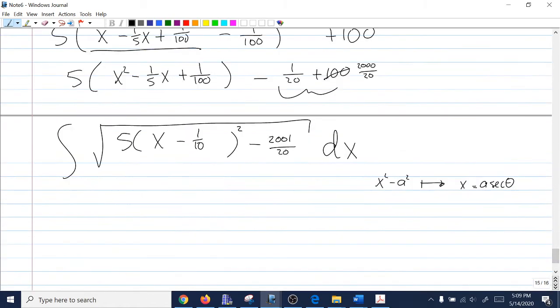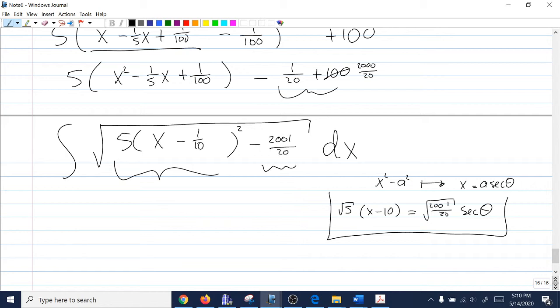If I have x squared minus a squared, I want x to be a secant theta. What is it that is squared here? The thing that this is the square of is root 5 times x minus 1/10. I want that to equal a secant theta. Well, this isn't obviously a perfect square, but it's definitely the square of something. The thing it's the square of is root 2001 over 20 secant theta. This is the trig substitution that will make that nice.